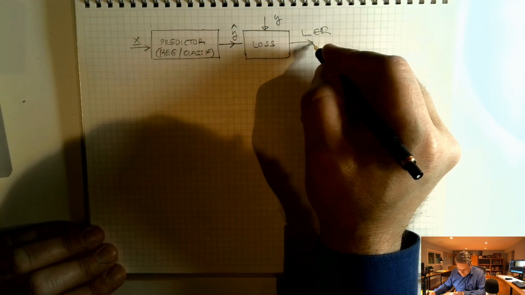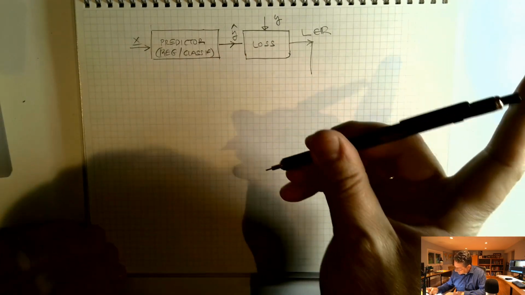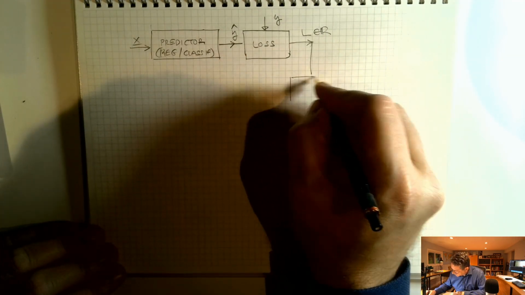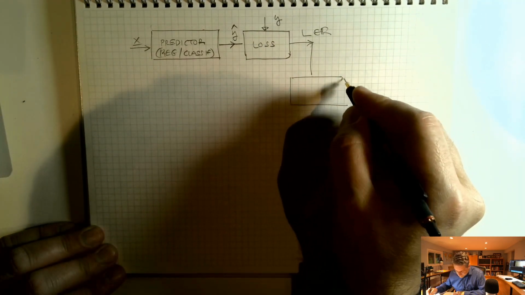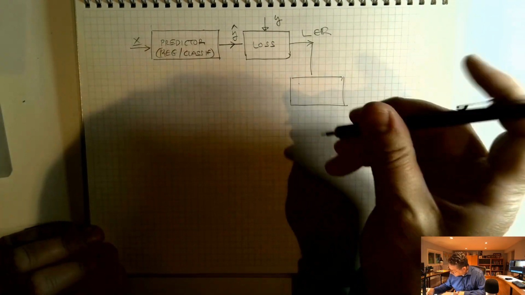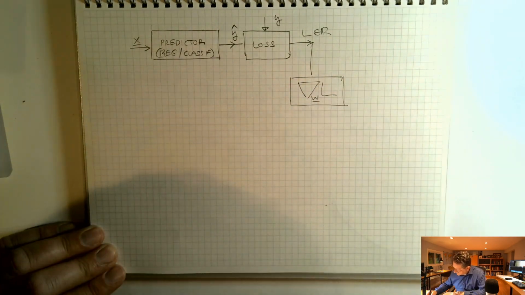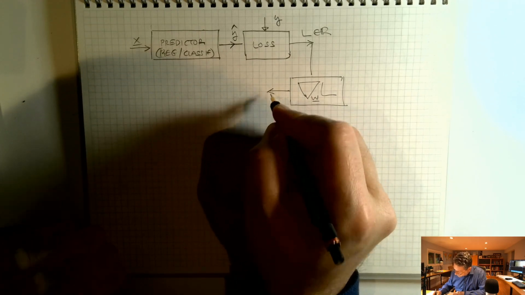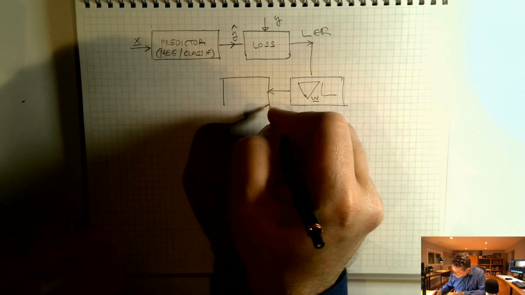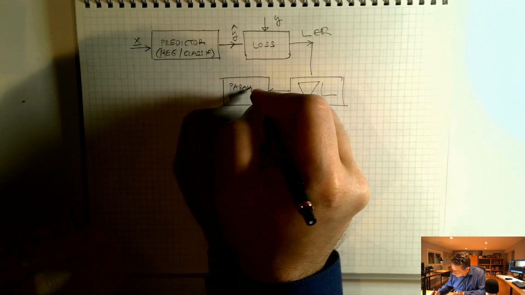Then this scalar number is going to be fed into a block that will calculate the values of the gradient of the loss with respect to the parameter vector w. And this is part of the stochastic gradient descent algorithm we have seen. And the output of this block is going to be called the parameter update.